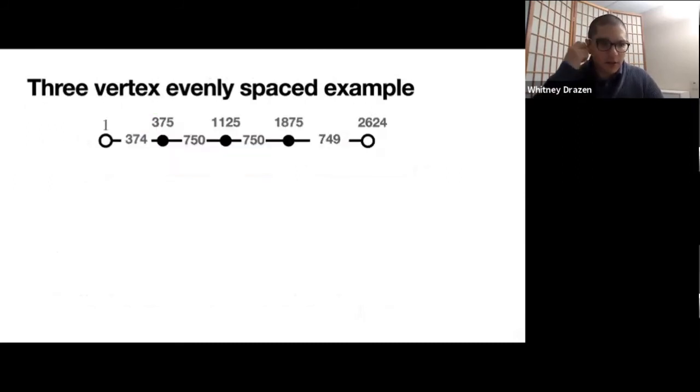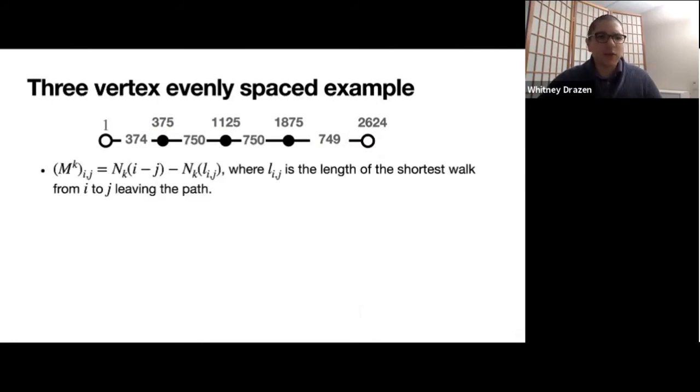Okay, so let's look at a 3-vertex evenly spaced example, and we'll see how we might use this combinatorics to find fractional cospectrality. We have a formula for all of the entries of M to the k.